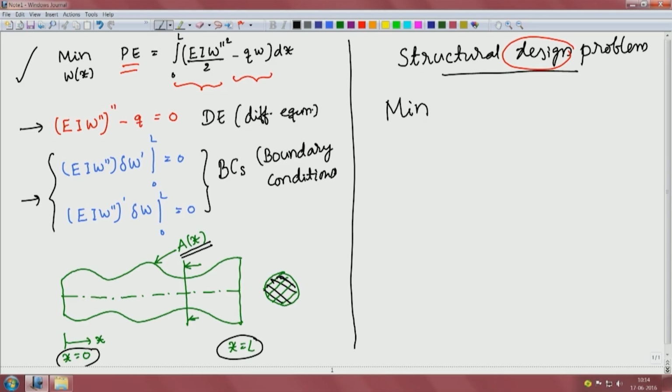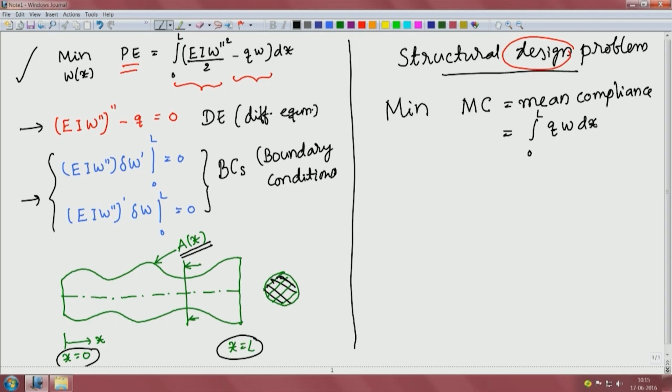There are many other measures for stiffness. One of them is called mean compliance, we will call it MC, which is given by basically the integral from 0 to L of Q times W dx.